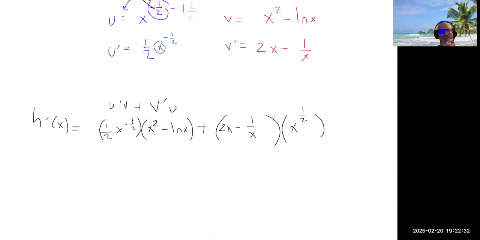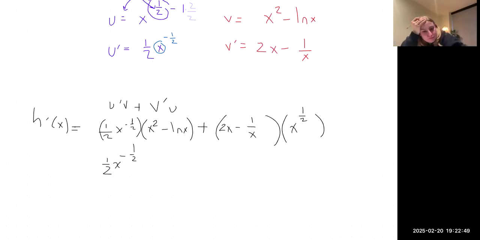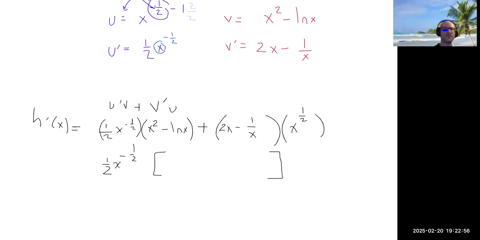What I would probably expect to see is factoring out the fraction, the 1/2, and factoring out the x to the negative 1/2. I'm just trying to process where you got that from. How does that factor, how does that work with everything else?